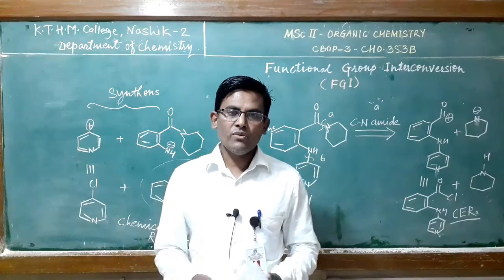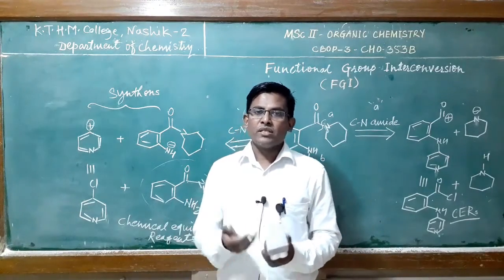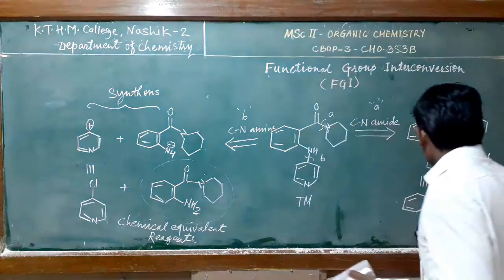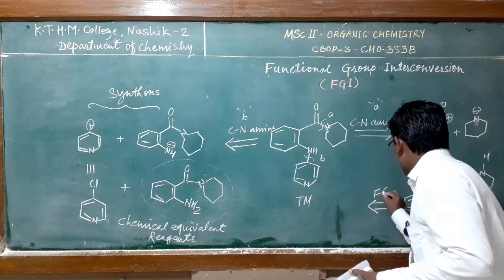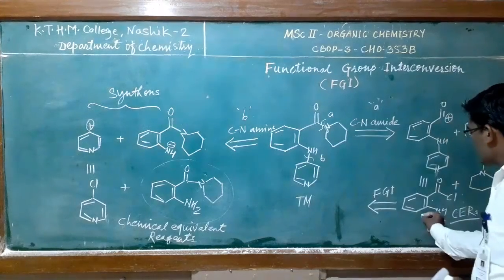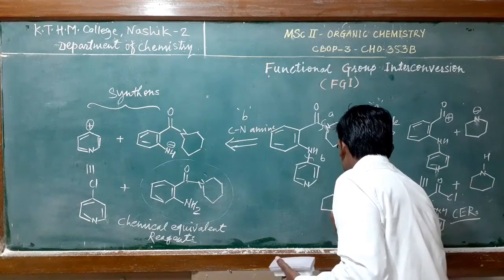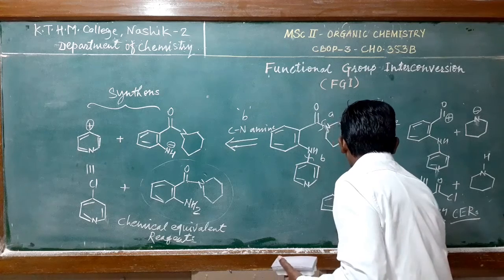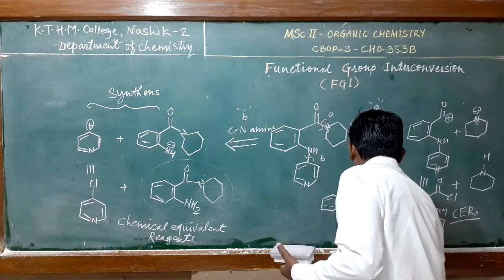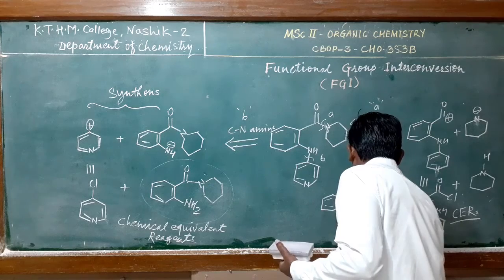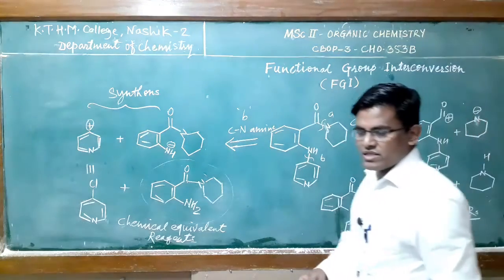So, we need to convert that acid chloride into its corresponding acid by using interconversion. We call it FGI.